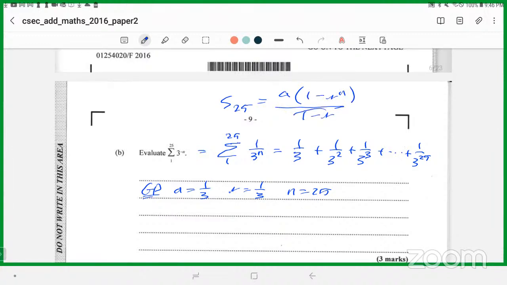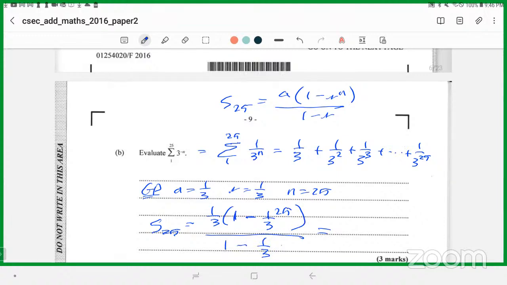I usually use 1 minus r when the r is a fraction less than 1. All right, I'm dropping in these values on this formula to get the sum. So the sum of 25 terms becomes a, which is a third, bracket, 1 minus a third raised to the power 25, divided by 1 minus a third.